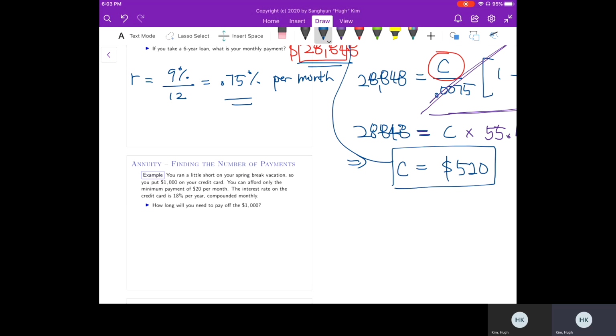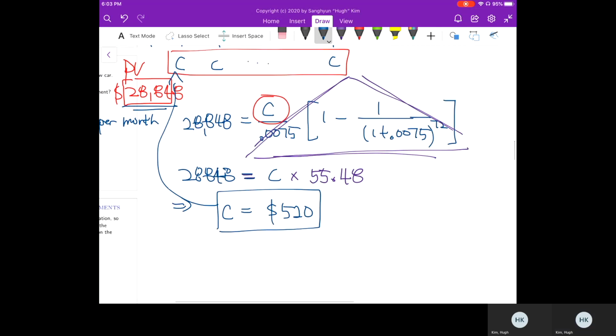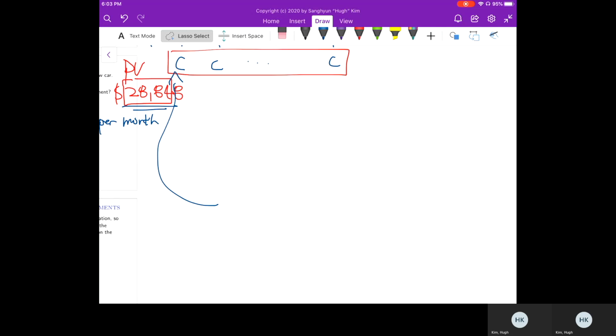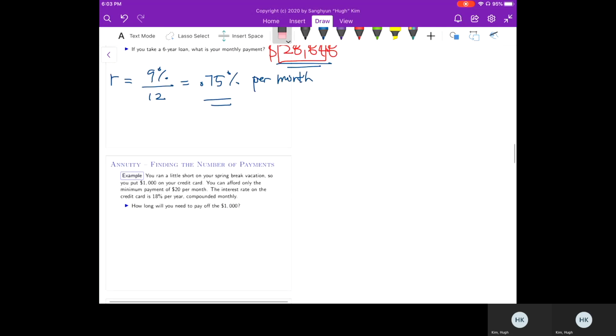Okay, so let's set up the timeline to better understand this example. You have a credit card balance of $1,000, and you make the minimum payment of $20 every month.